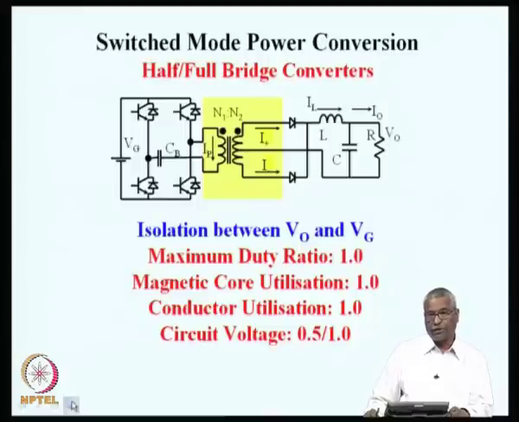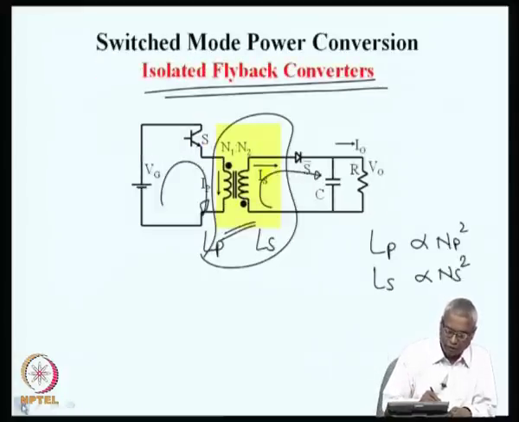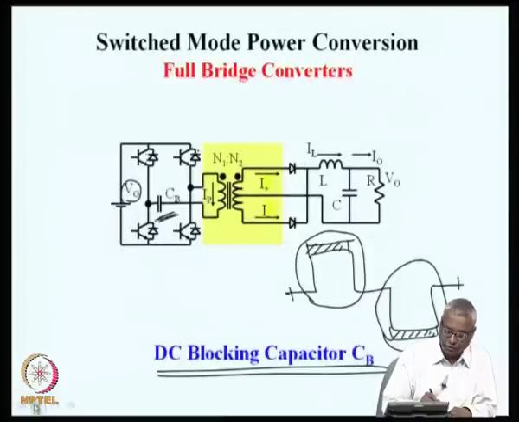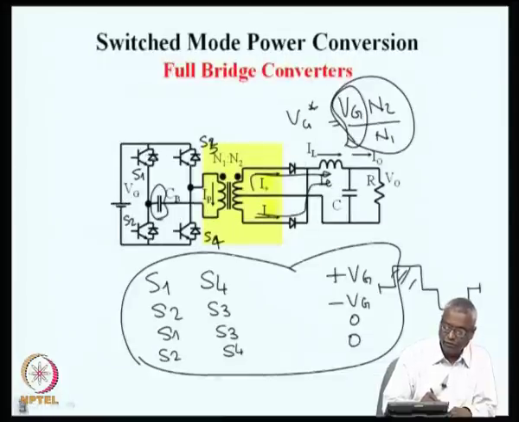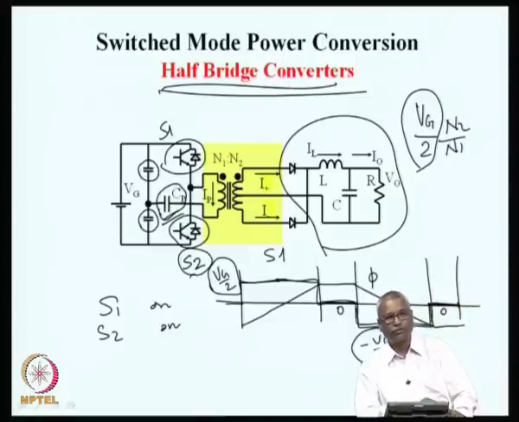In the half bridge circuit, you can see that there are instances when both the switches S1 and S2 are off, and at that time if there is any trapped energy inside the core, it has no place to go. So, naturally it will create problems in terms of over voltages, etc. Half bridge circuit has this kind of trapped energy.